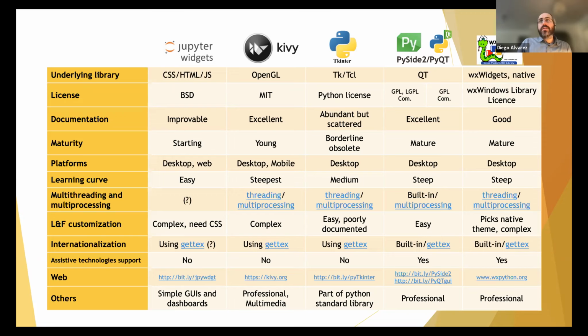As I mentioned, they are not native Python stuff. They are wrappers created on top of existing C++ libraries, except for the case of Jupyter widgets, where the underlying library is actually the full web stack: CSS, HTML, and JavaScript. It's a bit weird, but that's the case.